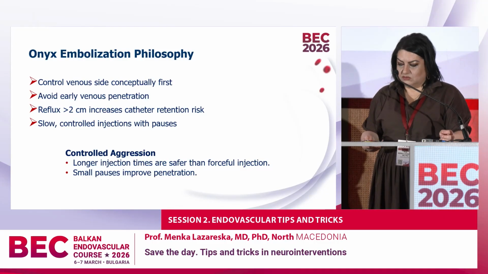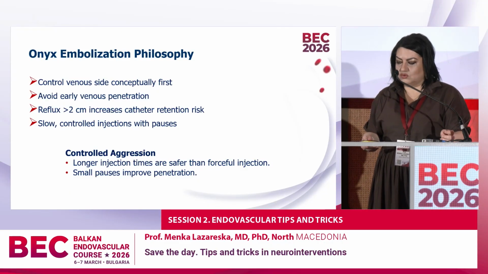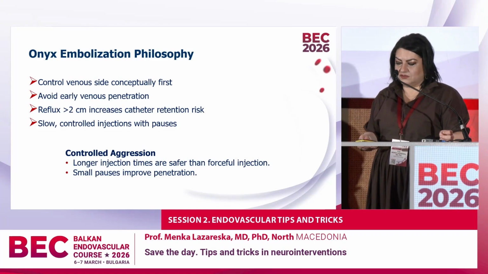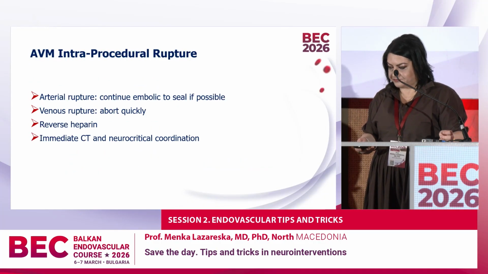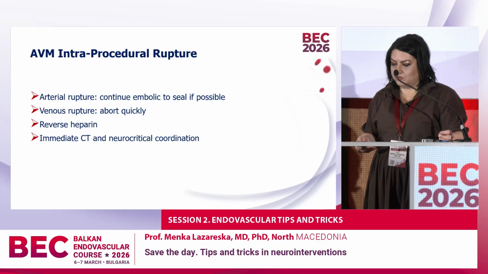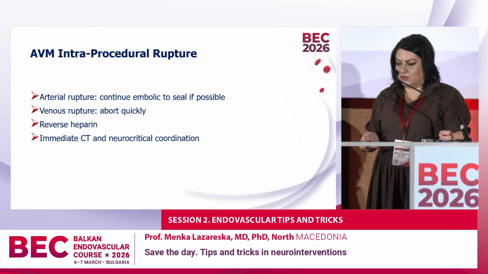Regarding liquid embolic materials, not only Onyx and the others, the philosophy is to control the venous side. Conceptually, first avoid early venous penetration and reflux of more than 2 centimeters, and inject slowly with pauses. With intraprocedural rupture in AVM, if arterial, continue embolization to seal it if possible, and with venous rupture, abort quickly.